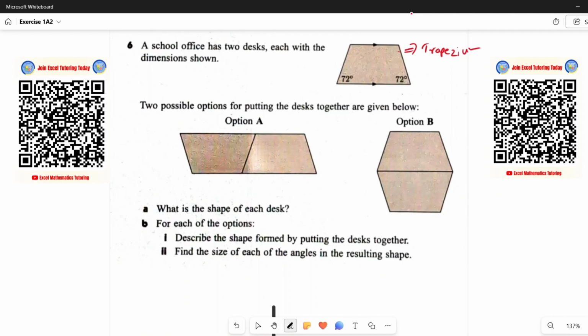Now we need to find what is the shape of each desk.